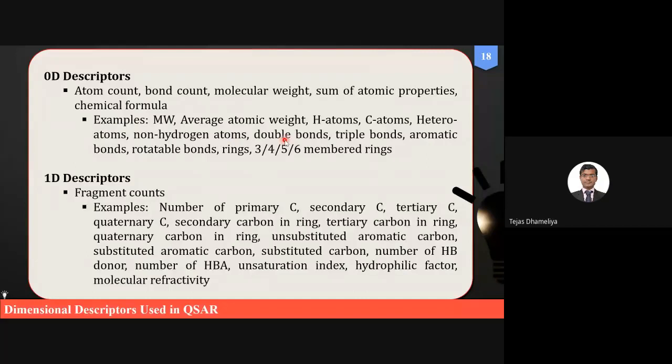How many double bonds, how many triple bonds in a particular structure? वो भी unit number ही मिलेगा, integral number. So that is also considered. Let me give you the example of paracetamol. How many aromatic bonds are present in paracetamol? We can say, sir, there are 6 aromatic bonds present in paracetamol.